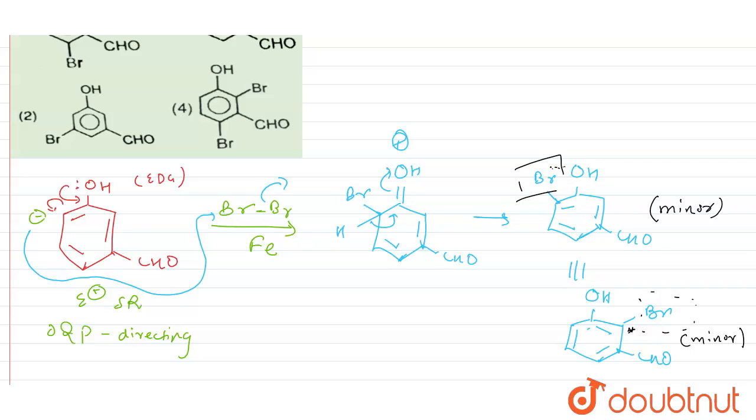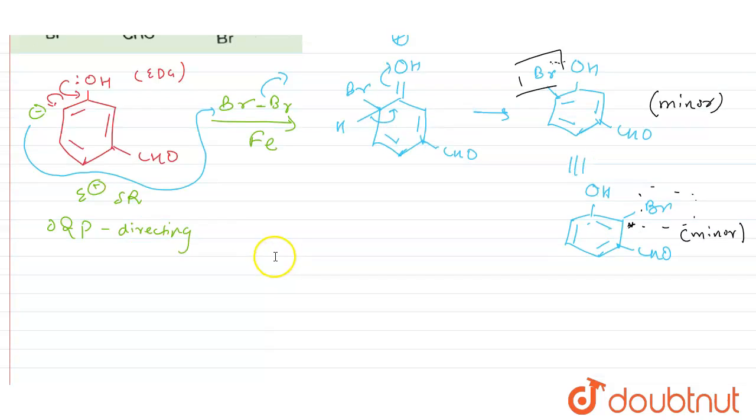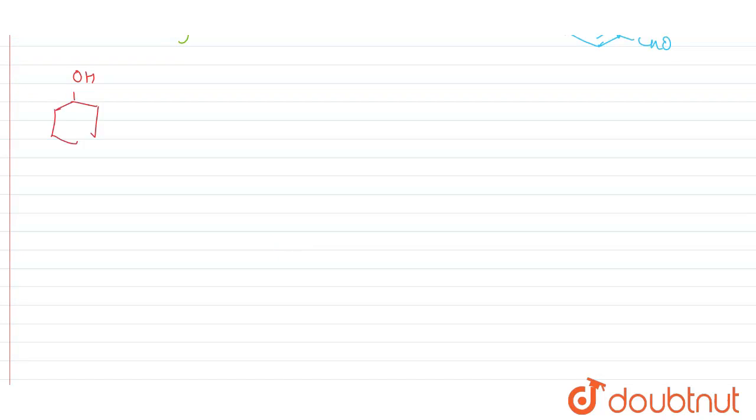So the major product will be formed at the para position. If you see over here, the same molecule will have OH and CHO. The pair of electrons on oxygen will donate electrons over here.